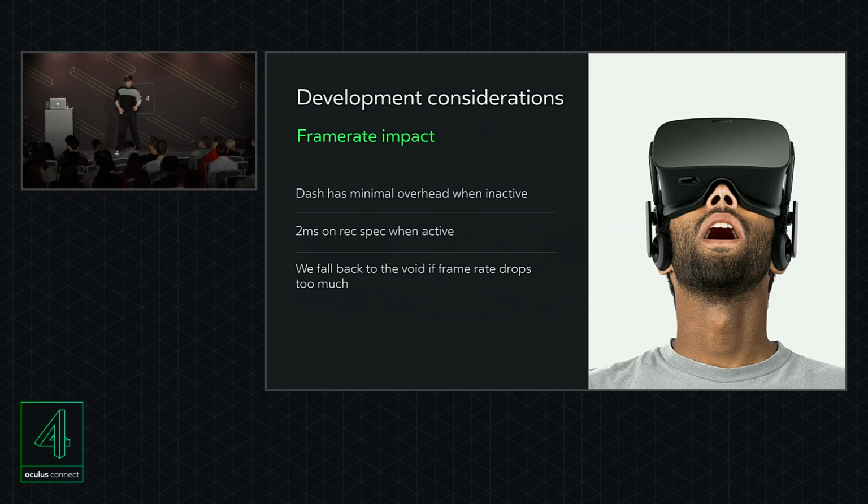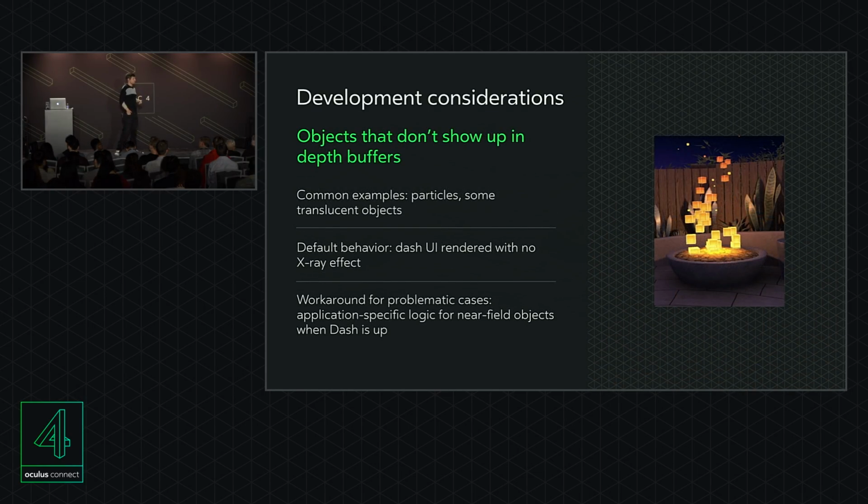Another thing, not everything shows up in depth buffers. A common example is particles and translucent objects. The thing that winds up happening if an object in the scene is not captured by the depth buffer is that it still has that punch-out effect where it gets masked out. We find in practice through testing, this typically isn't a big deal. They're already a little bit ephemeral, they're already partially transparent.